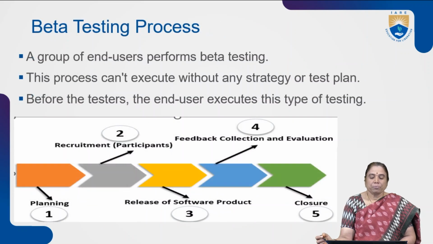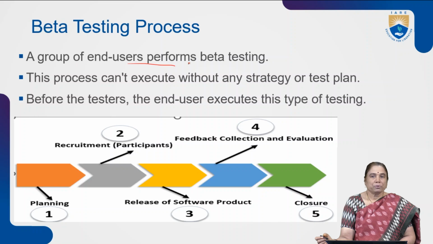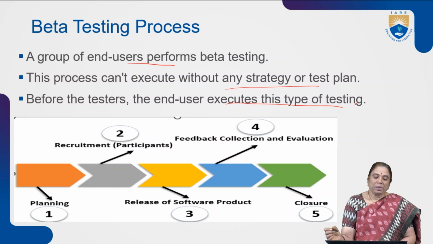The beta testing process is generally performed by a group of end users, and the process cannot execute without any strategy or test plan. The testing process can be carried out on an ad hoc basis. Before the tester, the end user executes this type of testing, and it majorly involves planning, requirements and participants.